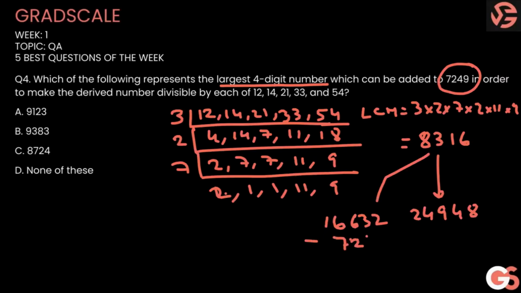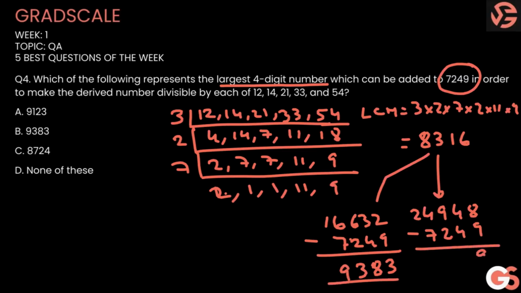So 7249 and 7249. This comes up to be 9383.